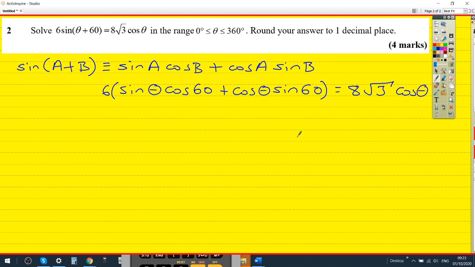Should I expand the brackets for that? Yep. And actually, if I do 6 sine theta cos 60, it's not giving me an answer for cos 60. It's because you're in radians. Oh yeah.